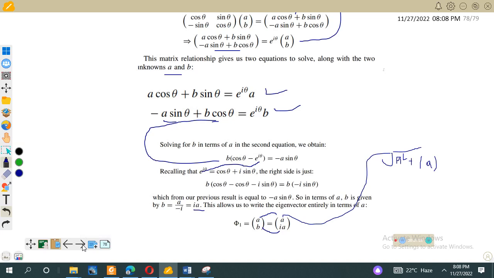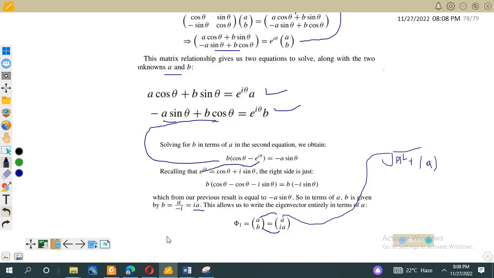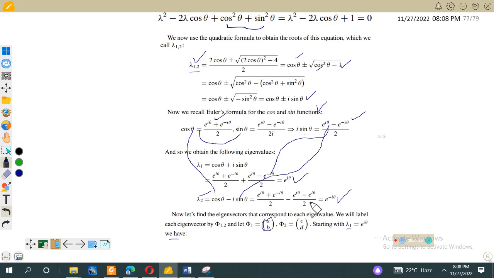And similarly for phi 2, we will be left with 1 over under root 2, 1 iota over under root 2. We can find the value of phi 2 as we have proceeded for the value of phi 1, because for phi 1 we have chosen the value lambda 1, and for phi 2 we will definitely select the value for lambda 2, which is exponential minus iota theta.